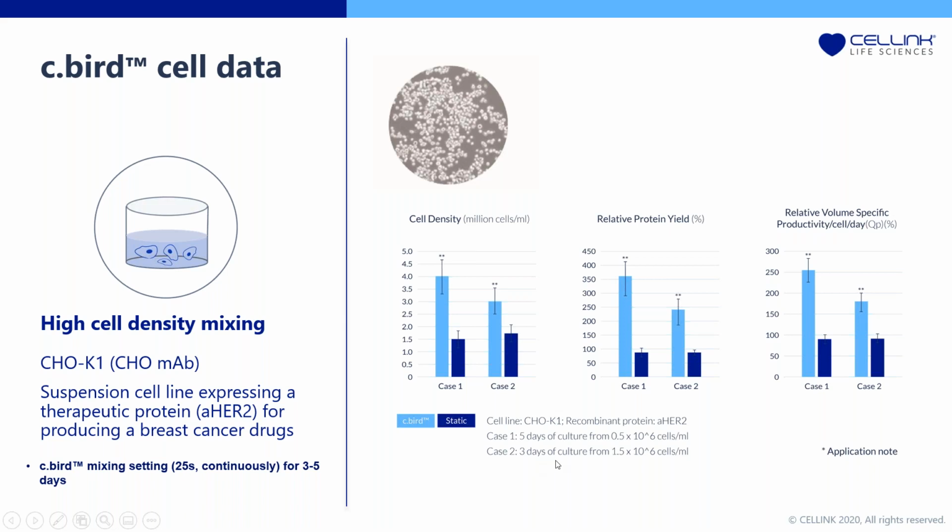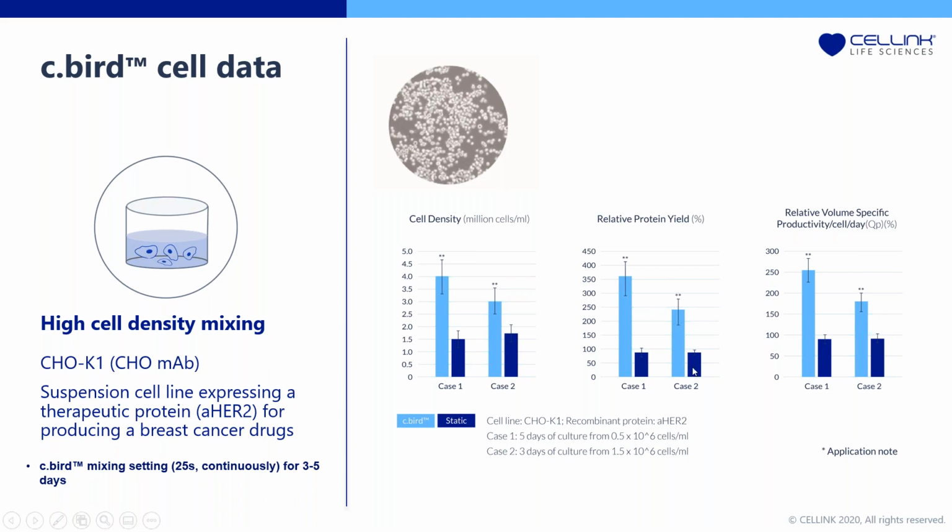As you can see from the charts on the right here, SIBR consistently produced much higher cell density and antibody protein yield compared to steady culture in both case 1 and case 2. SIBR also produced a higher QP value, which is productivity per cell per day, compared to the steady culture.